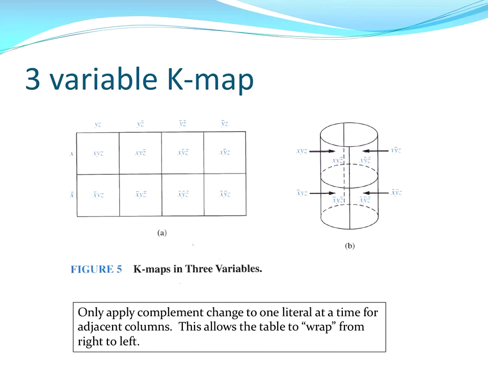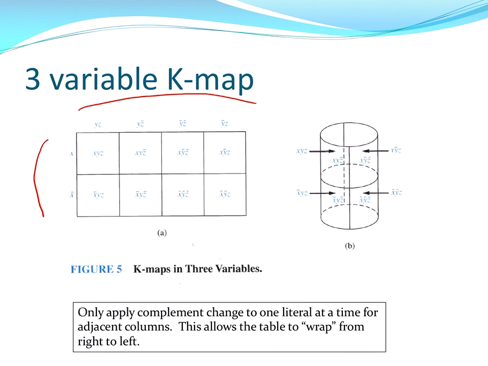It's a two-dimensional grid with 3 variables. One of those dimensions is going to have 2 variables. We will designate the x variable for the vertical dimension, and y and z for the horizontal dimension. As we go across the columns and label them, we only change the complementation of one variable at a time.